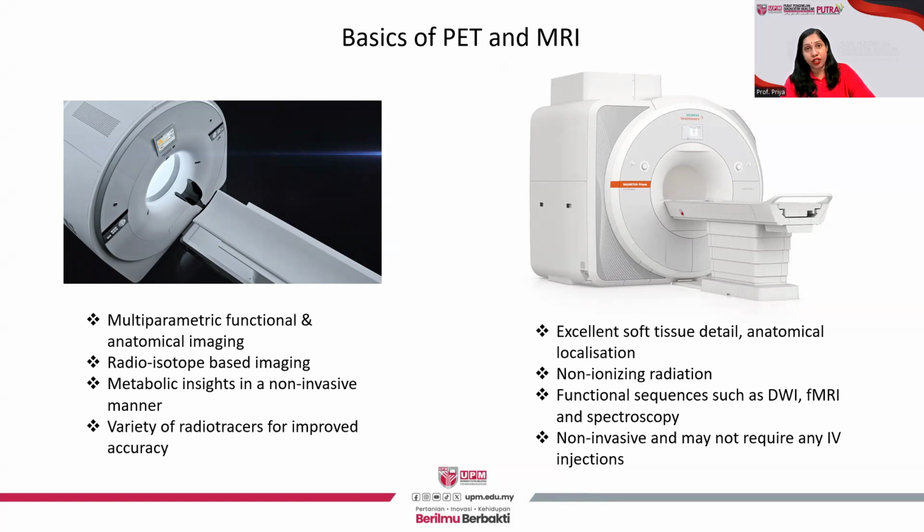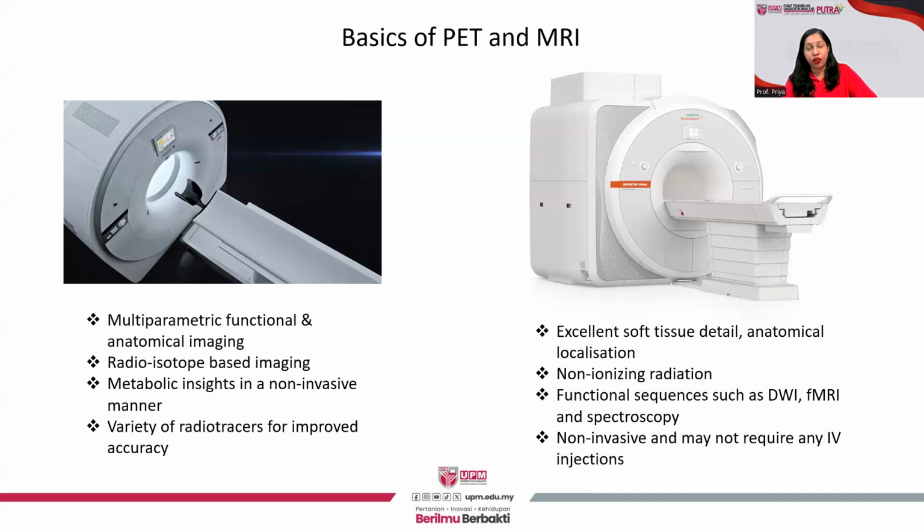The commonest radioisotope that we use, also known as a radiopharmaceutical when it's combined with a drug, is 18F fluorodeoxyglucose, also known as FDG. MRI is an excellent soft tissue detail modality that we can use to scan the human body and have excellent anatomical localization and soft tissue resolution.